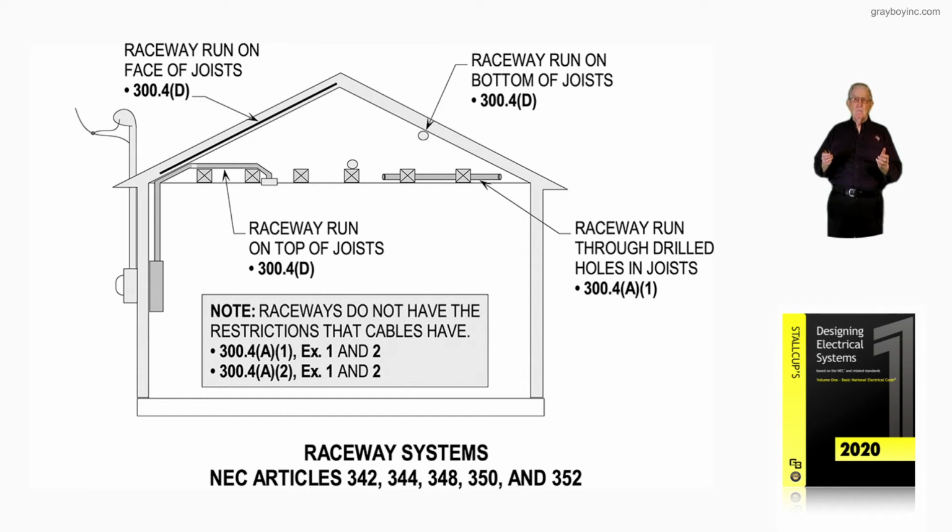General rules again, 300.4(A)(1) applies downstream to other articles without modification. And notice, protection provided. The raceway that's run on top of the joist is the one that usually gets attention. But notice again, it's protected by 300.4(D), as in dog.